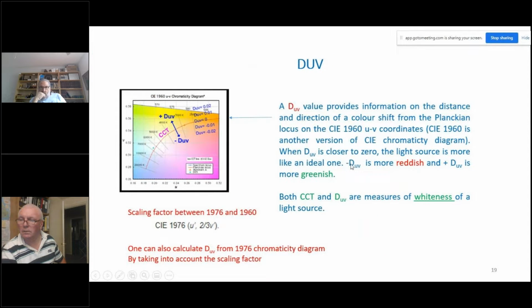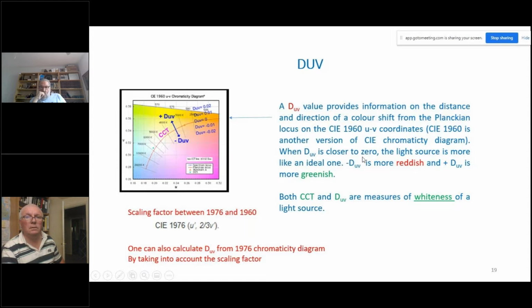What about the DUV? What is DUV? This is another parameter that Lighting Passport provides. DUV is a measure that is required for the whiteness of the light source. Depending on whether it's above the black body curve or below the black body curve, you can say it's positive or negative.